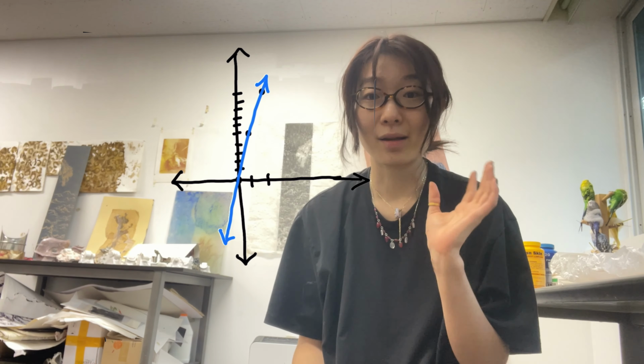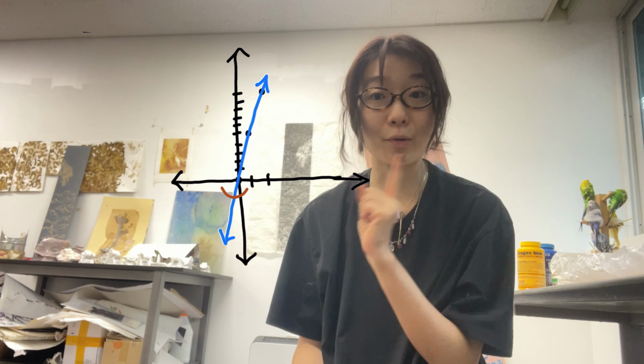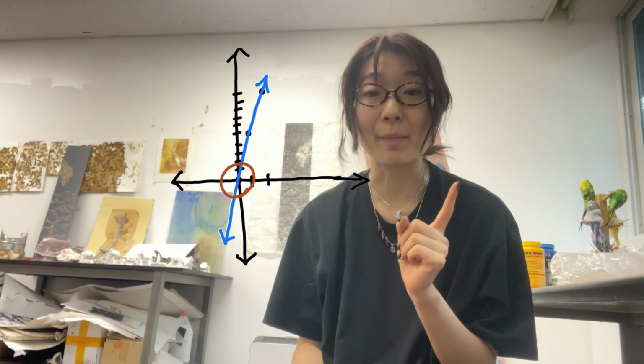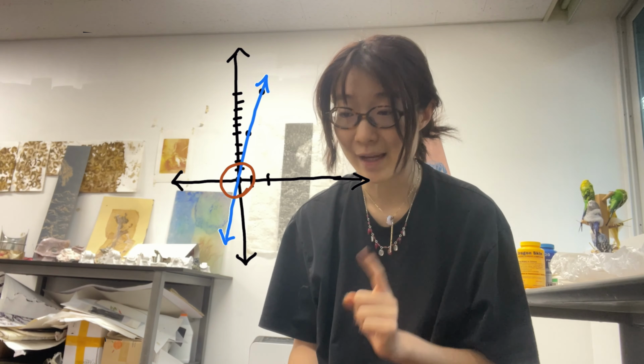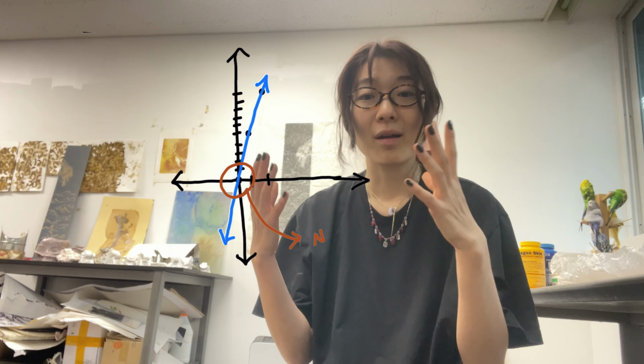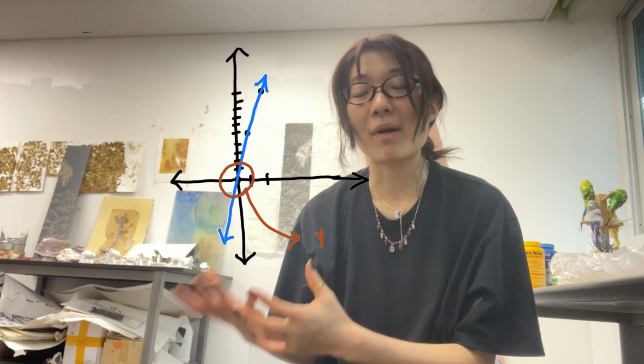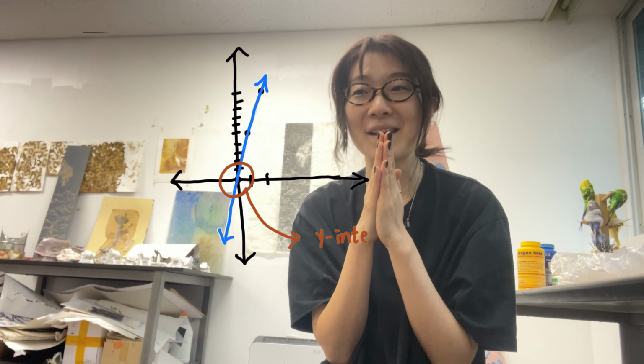If we try graphing it, what you'll realize is that it actually intersects our origin in the coordinate plane. Our origin is 0, 0, what I like to call the belly button of the coordinate plane. And this is because we have 0 as our y-intercept.